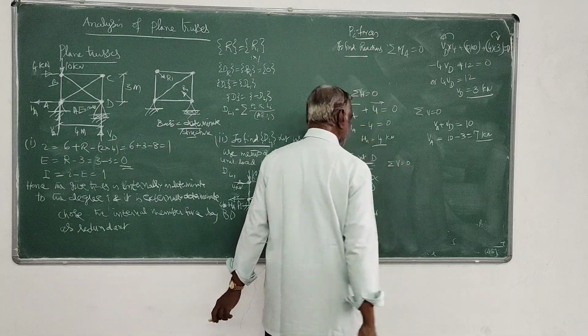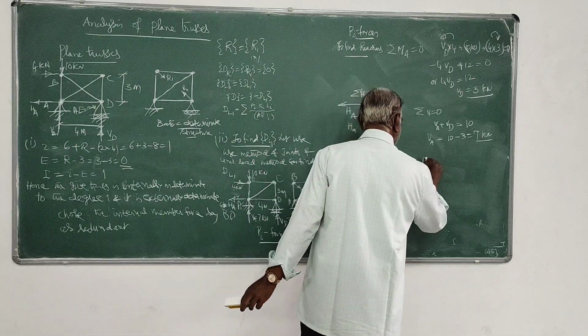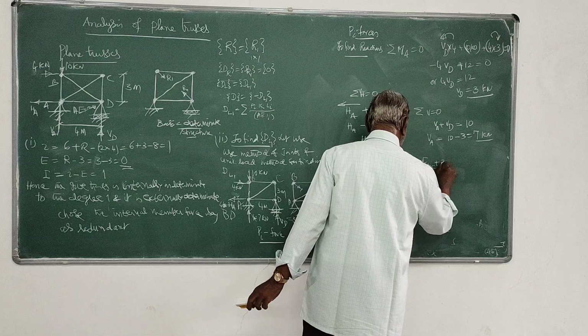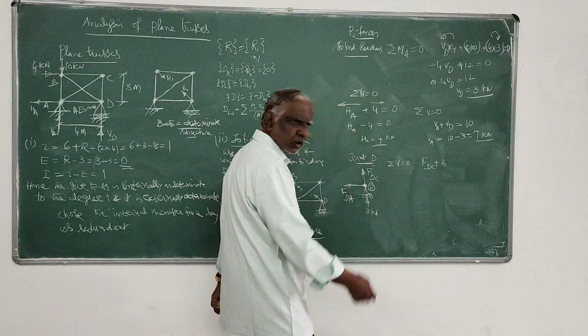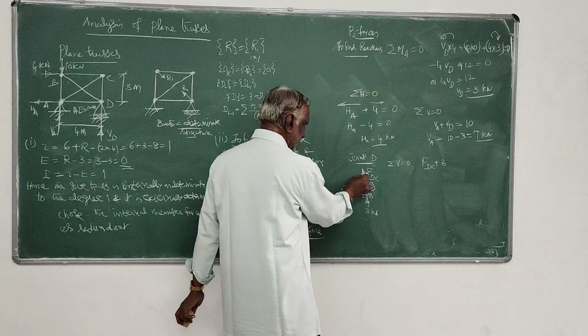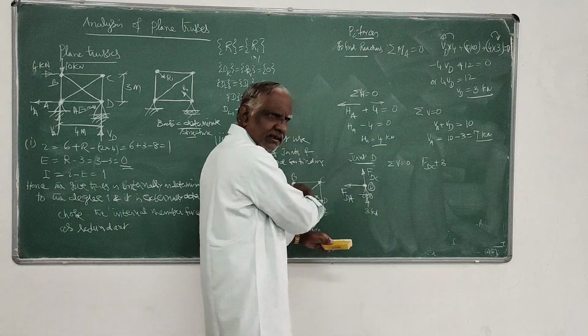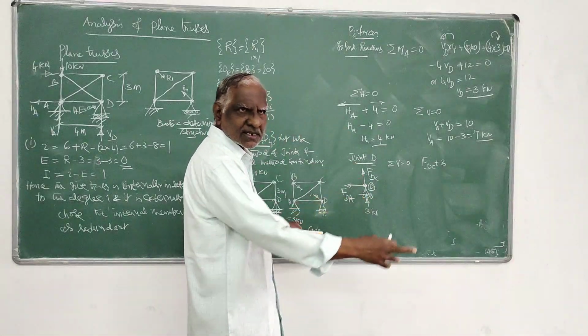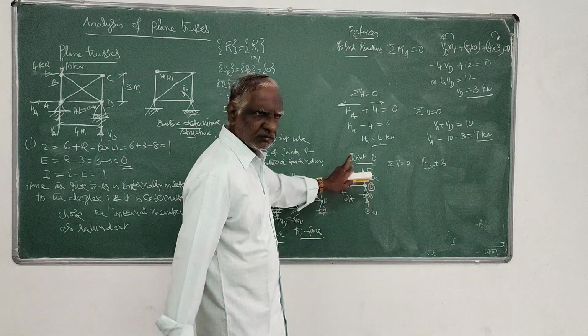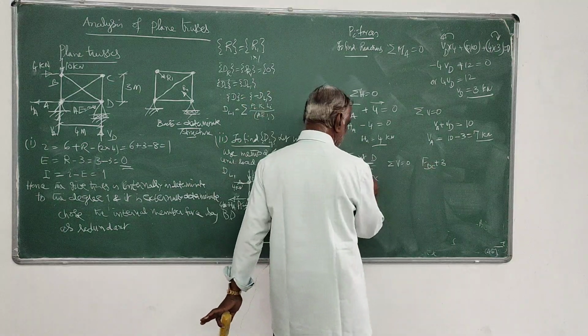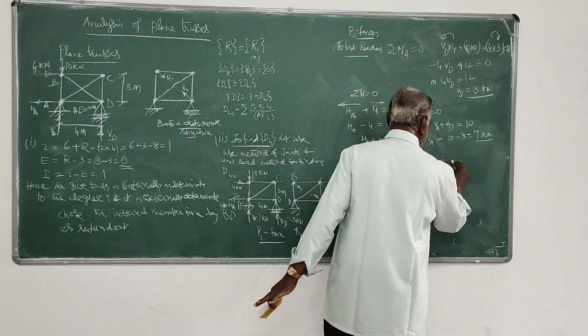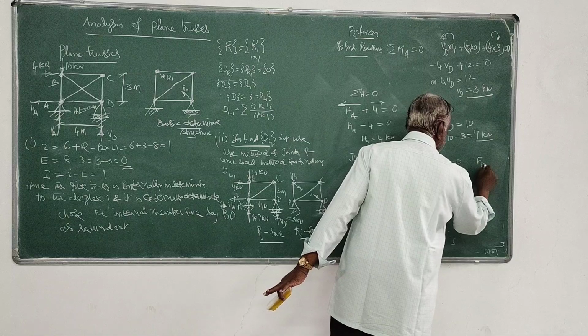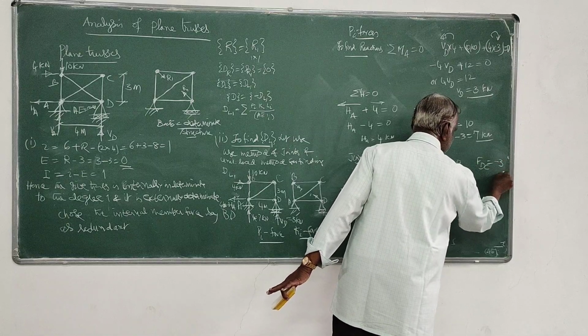Sigma V equals 0 if you adopt, then I will get FdC plus 3 kilonewtons, both acting in the same direction. I select the assumed direction as the arrow moving away, to start with. So FdC plus 3 equals 0, or FdC I will be getting as minus 3.